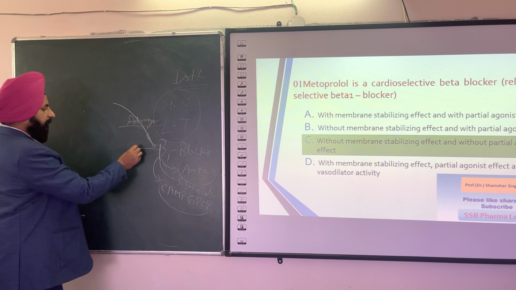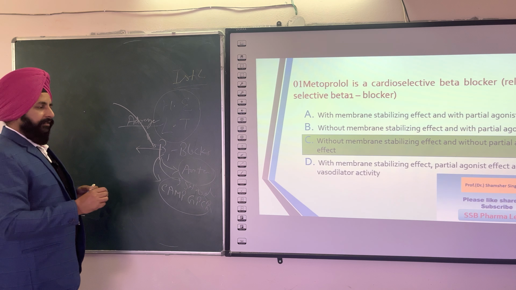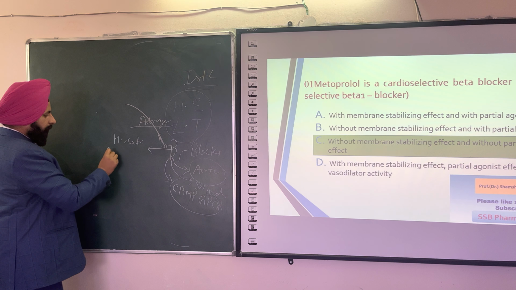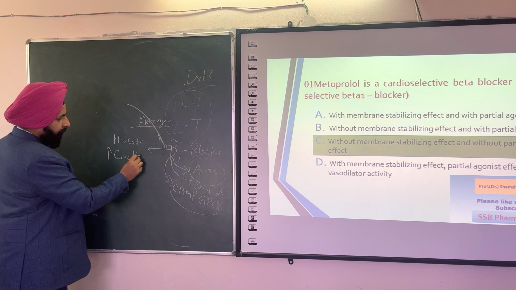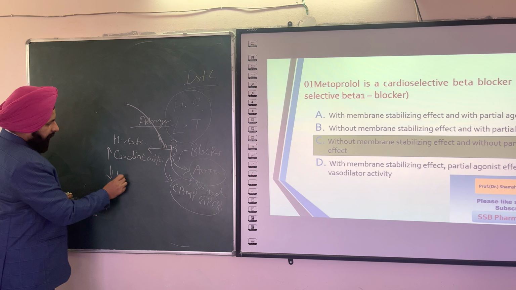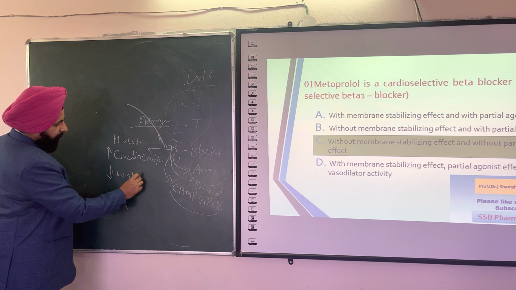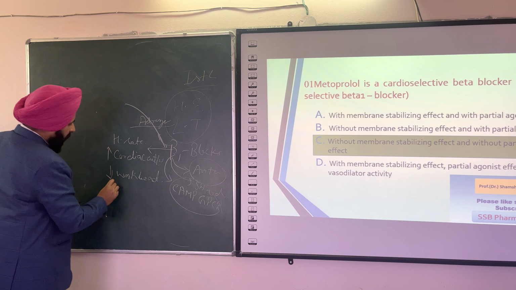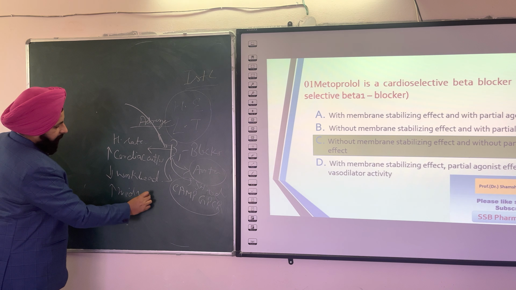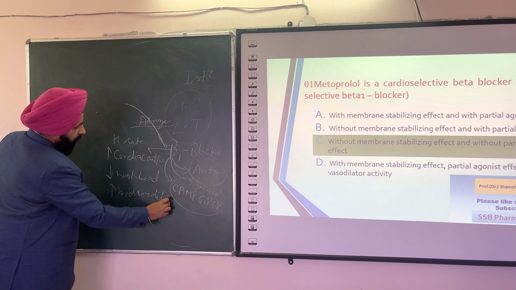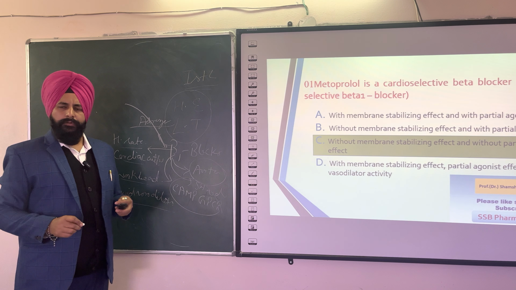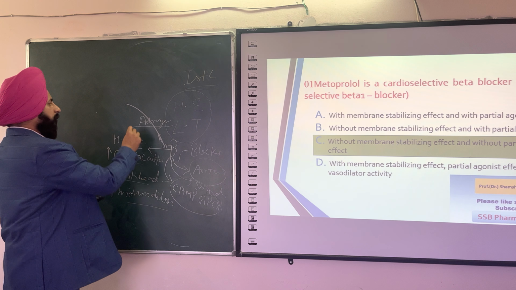So how does it help? It reduces the heart rate, improves the cardiac output, decreases the workload on the heart, and has a mild vasodilator property. They can ask you questions in many ways about metoprolol. The first thing, metoprolol is cardioselective.